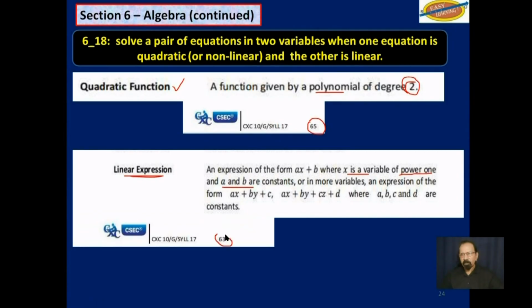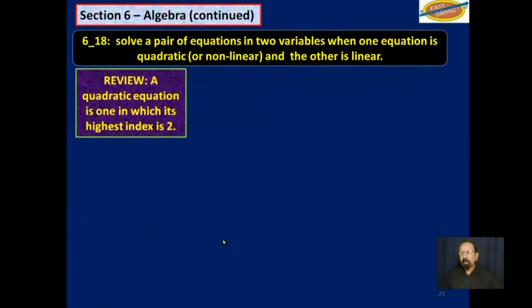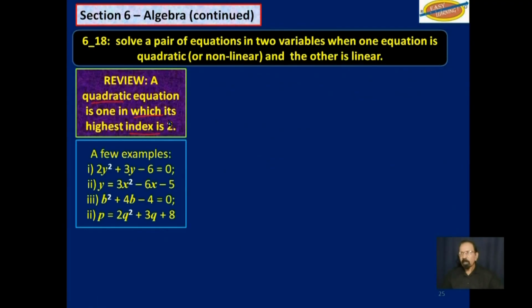That's from page 63. A simpler way of saying that is a quadratic equation is one in which the highest index is 2, like 2y squared, or y is equal to 3x squared.